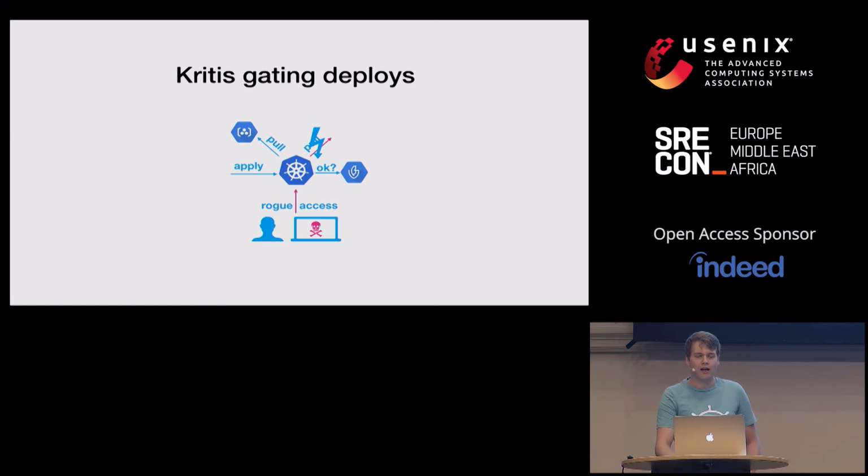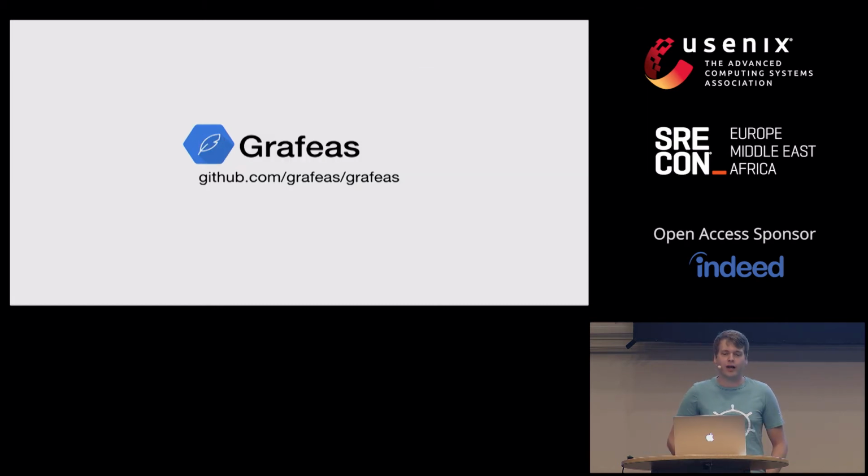So Kritis comes with Grafeas, which is a metadata server that stores not only the attestations, so the signatures that we created beforehand for our containers, but it also stores other interesting information about our builds. It can have information about vulnerabilities, about build details, so from which pipeline the container originates.